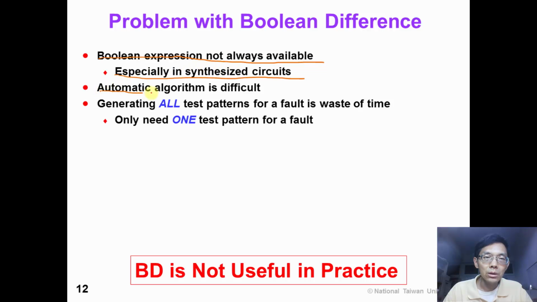And the automation for the Boolean difference is pretty difficult. Finally, generating all the test patterns for a fault is actually a waste of time, because we only need one test pattern for each fault. So, for the above reasons, Boolean difference is actually not very useful in practice.